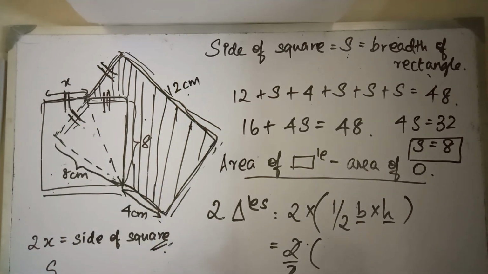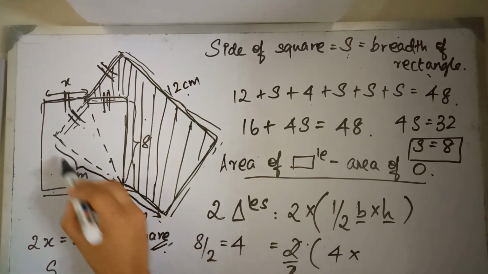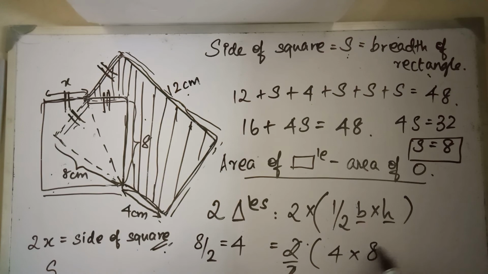So x is actually equal to 8 by 2 because 2x is equal to s and s is equal to 8. So x will be equal to 4. So the base will be 4. Height will be 8. So we get 4 into 8, which is 32. Now this is the area of both of the triangles. So the area of both of the triangles is 32.